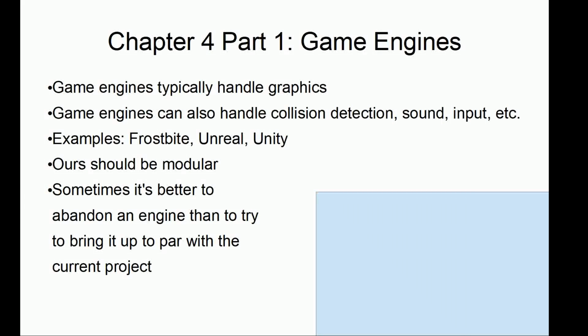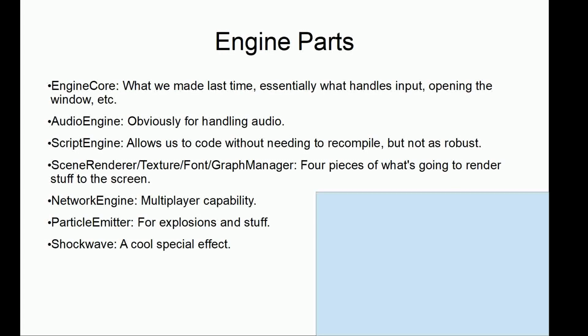Now, let's go over the parts of the engine that we'll be seeing later in this book. The engine core is what this book calls what we did in the last chapter. In the instance of this book, I believe that the input, window, and error handlers were all in a single .cpp file. Clearly, we did not do this, since code modularity is important.